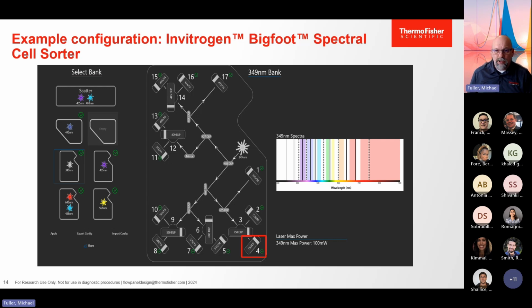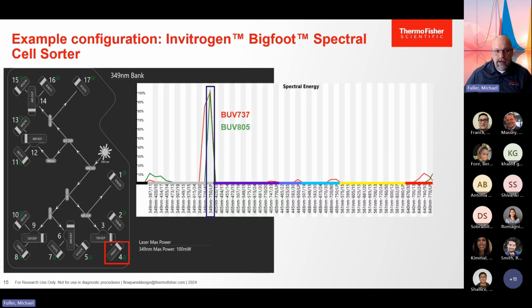So with that detector, we're going to capture the emission maximum from both brilliant ultraviolet 805 and 737, as you can see here. Now, given the number of detectors and filters that we have here and how close these are together, we might not be able to well resolve these two fluorochromes from one another. However, if you had a different cytometer with a different number of detectors, maybe there were more detectors in here and more filters, you might be able to better resolve that.